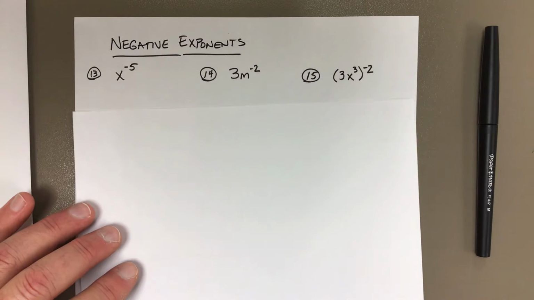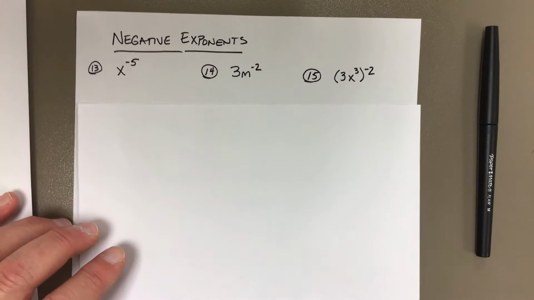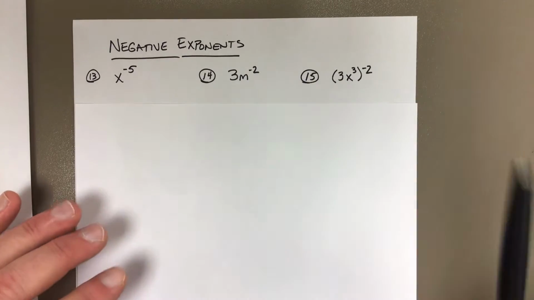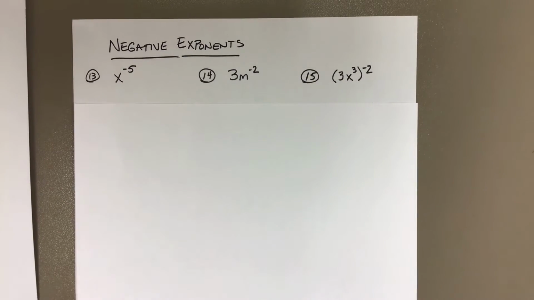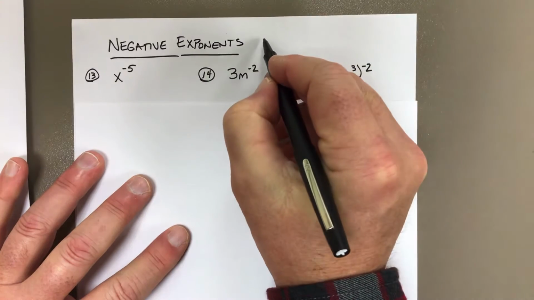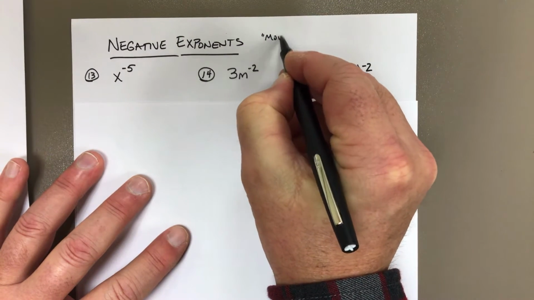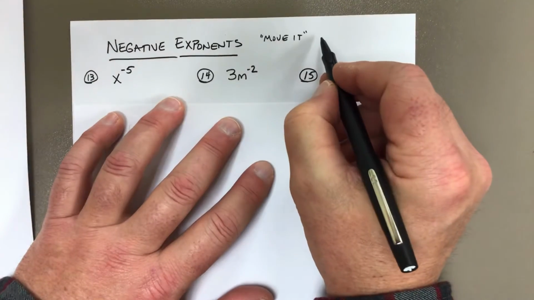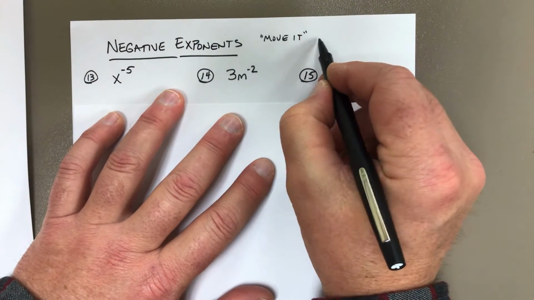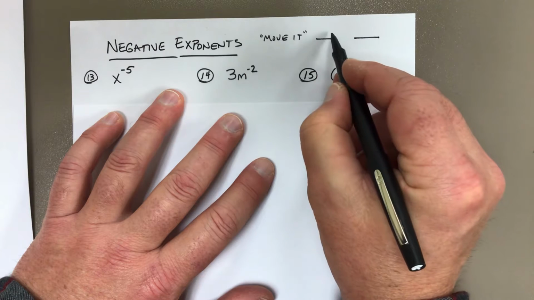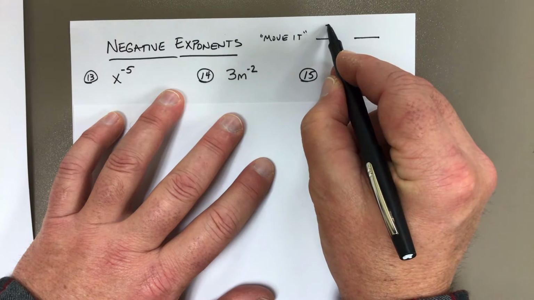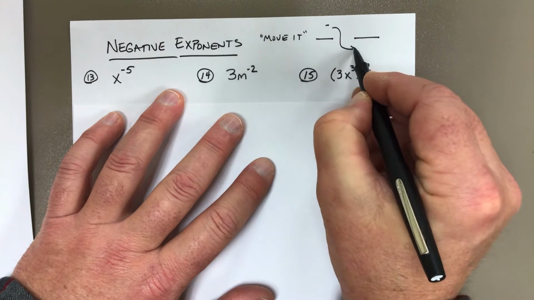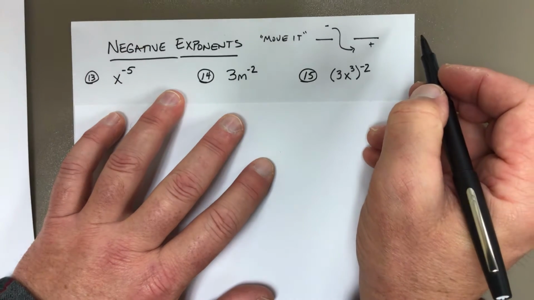All right, negative exponents. This is my Madagascar rule, and that just means that we have to move it. What that means is that if the negative exponent is up here, we're going to move it down here and it becomes positive.